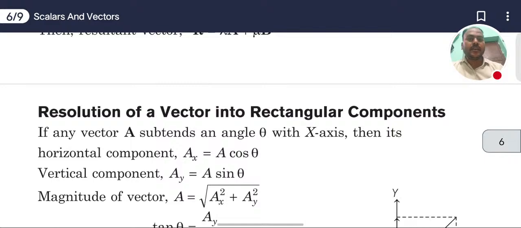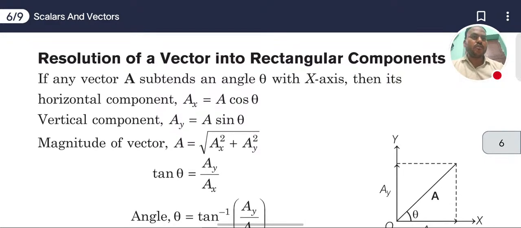Now resolution of a vector into rectangular components. We know that every vector has two components: one is a cos component, another is a sine component.